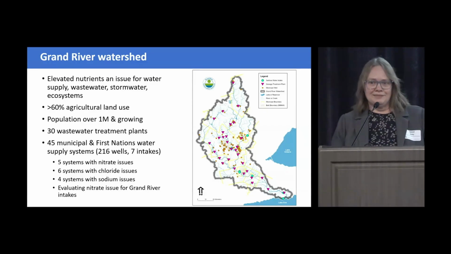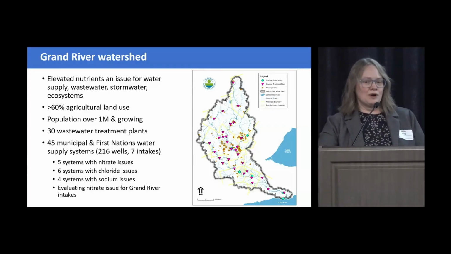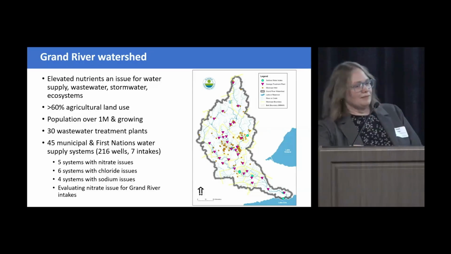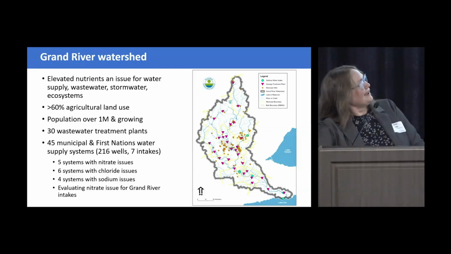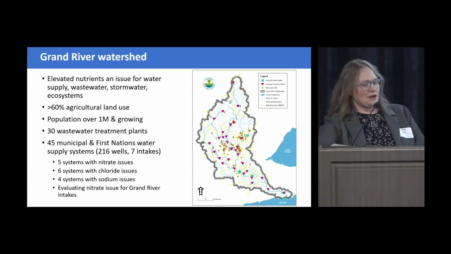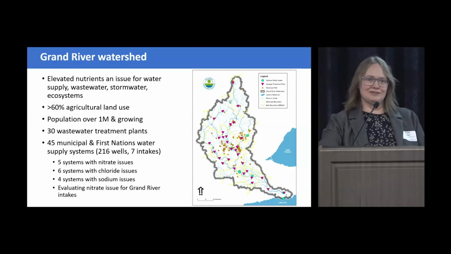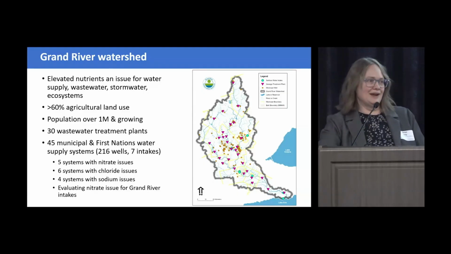So you've heard a little bit about the Grand River watershed here. And so you're sitting in it. I have to look up this way because I'm too short to look down there, but right around the center part of the watershed there is the region of Waterloo, and we're sitting there now.